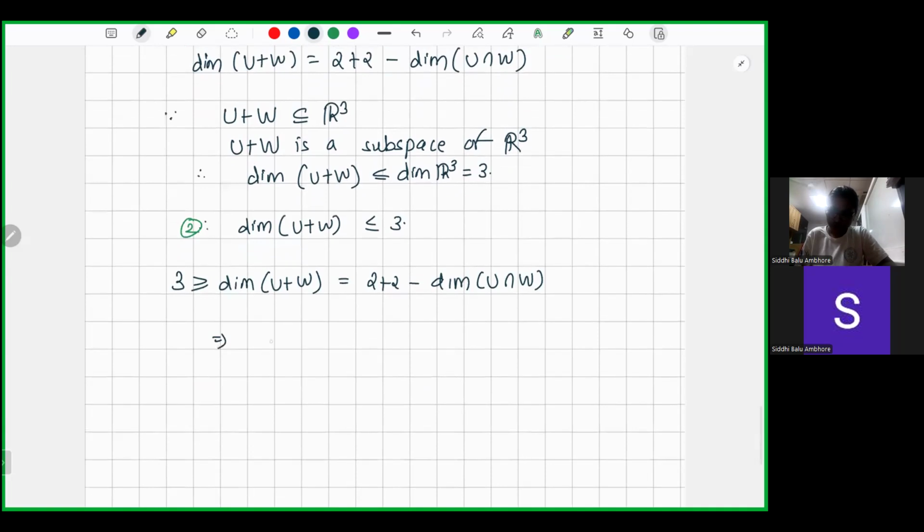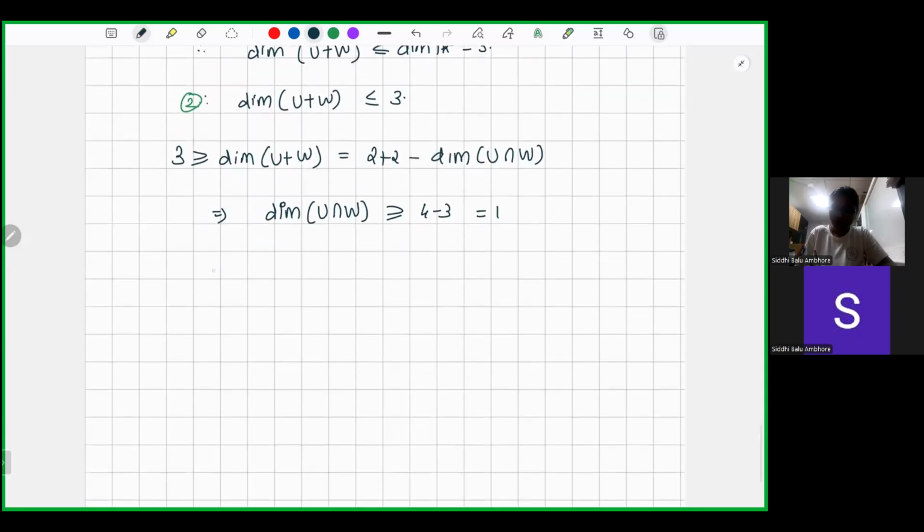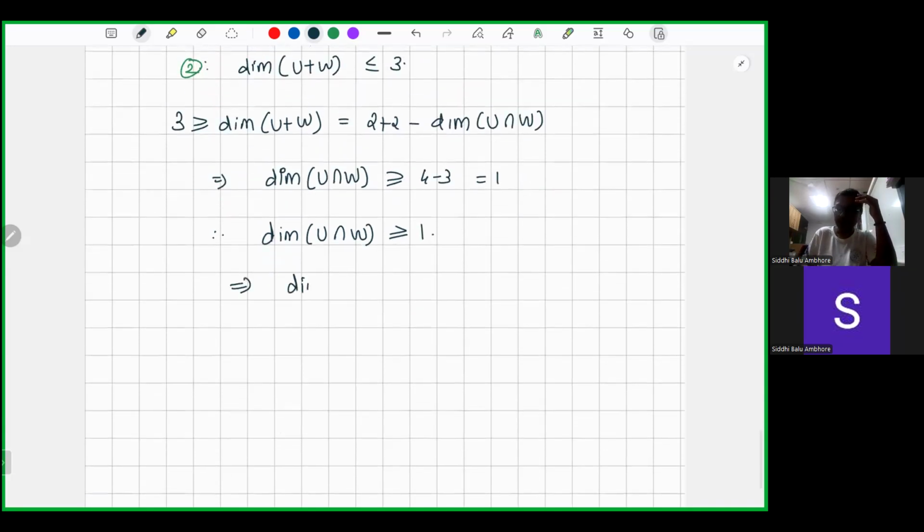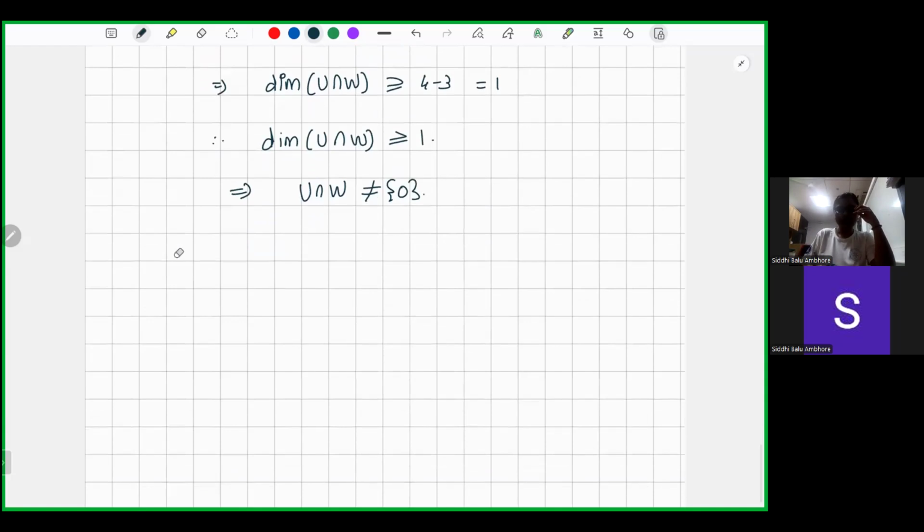So this implies that dimension of U intersection W is greater than or equal to 4 minus 3, that is 1. So we get dimension of U intersection W is greater than or equal to 1. So from here itself we get that this U intersection W must not be the zero space. And therefore we conclude that U plus W is not a direct sum of R3.